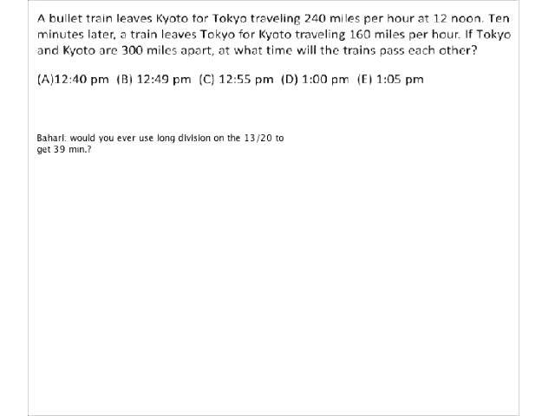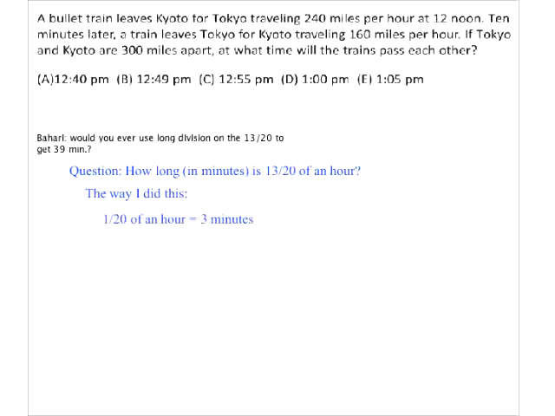The question that you're trying to figure out is how long in minutes is 13/20th of an hour. The way I did this was I just figured 1/20th of an hour is 3 minutes. So 13/20th of an hour is 3 times 13, which is 39 minutes. So that's nice and quick.